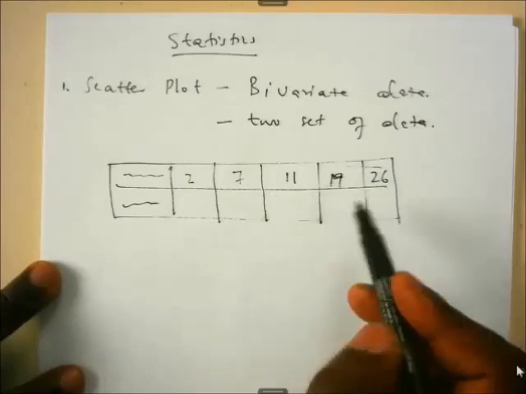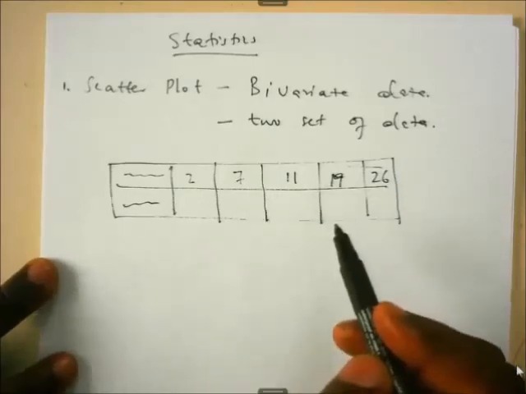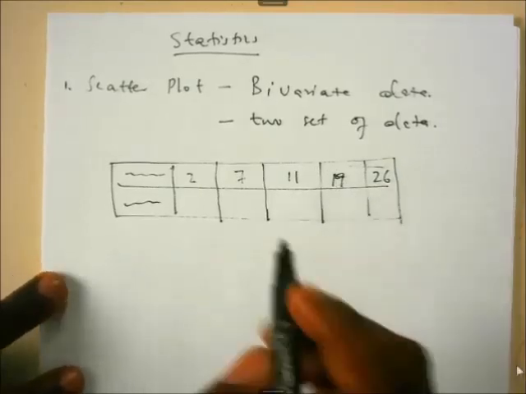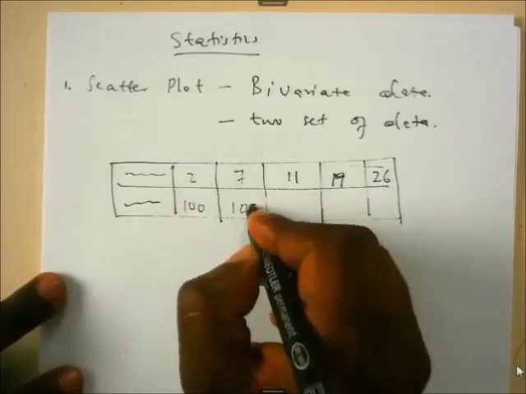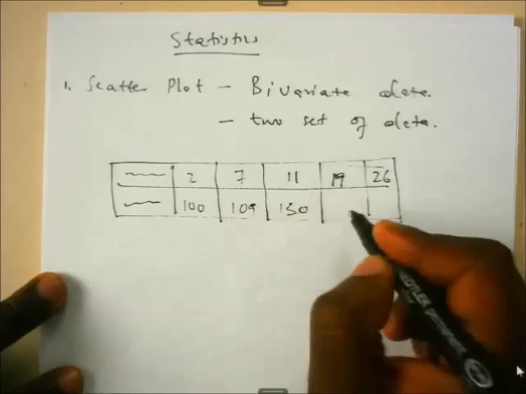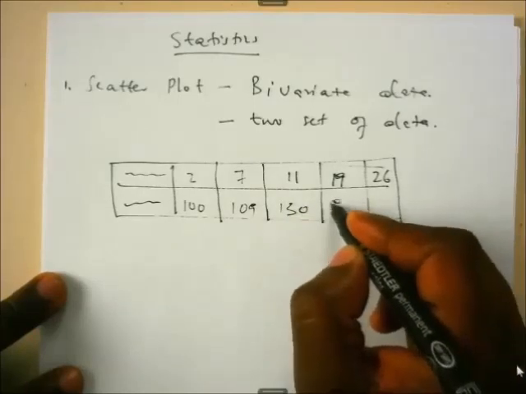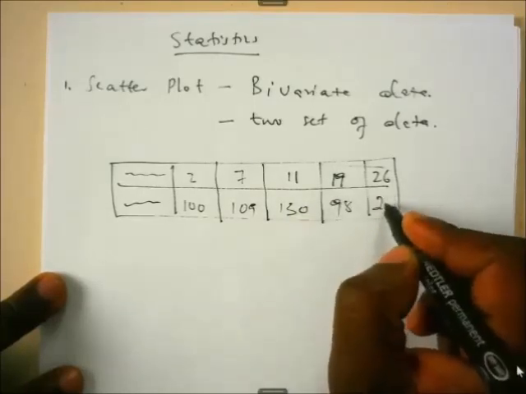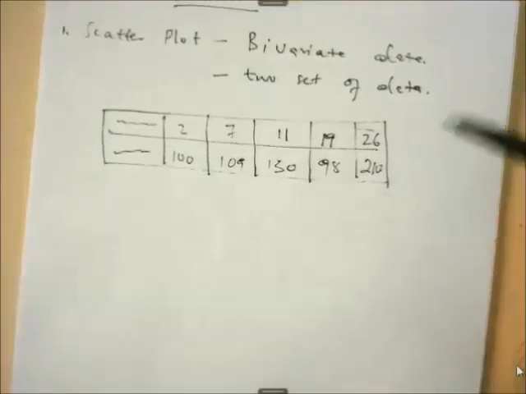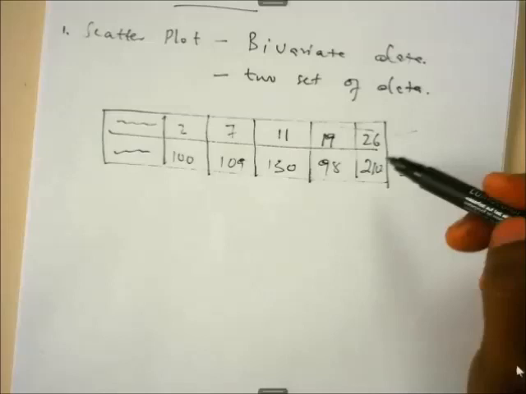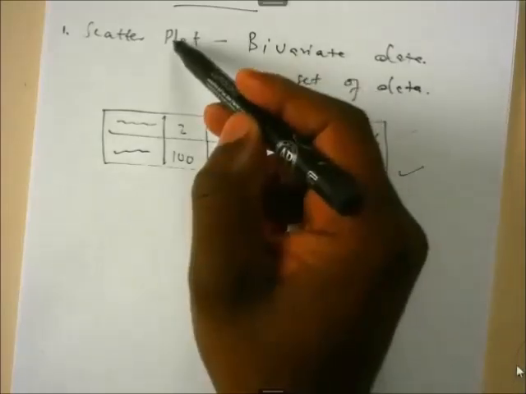If you need to draw a scatter plot, and this is your bivariate data, there must be 2 values on your data: 109 and the other data 98 and 210. So be careful that you need to have 2 sets of data to draw a scatter plot.